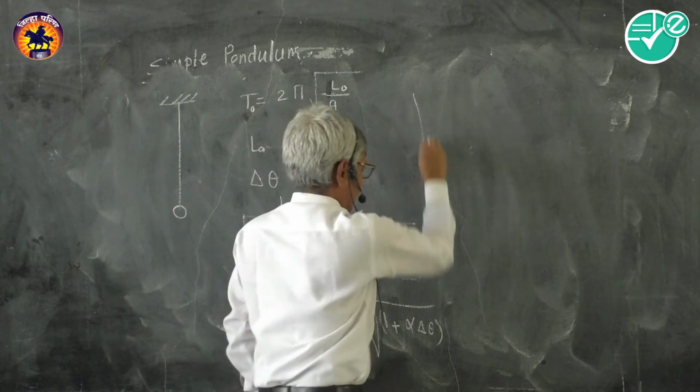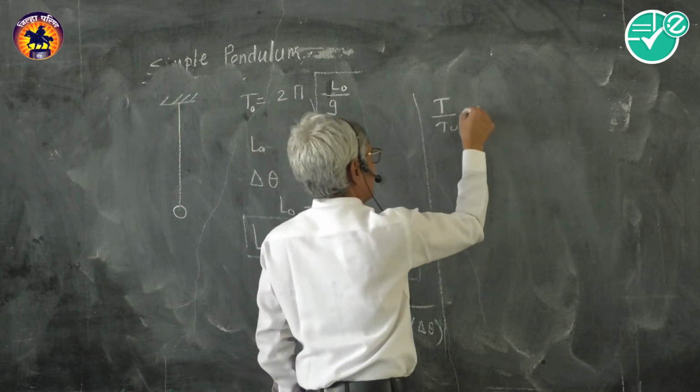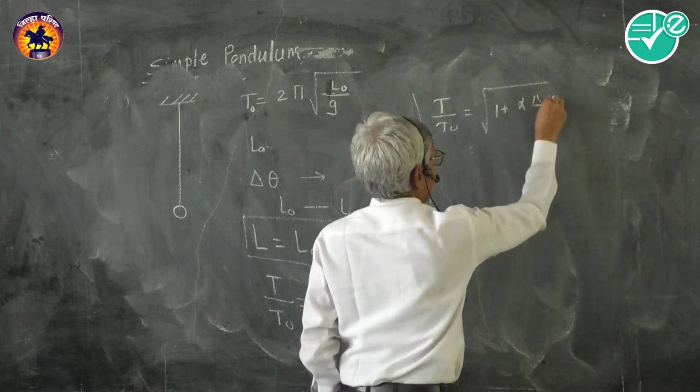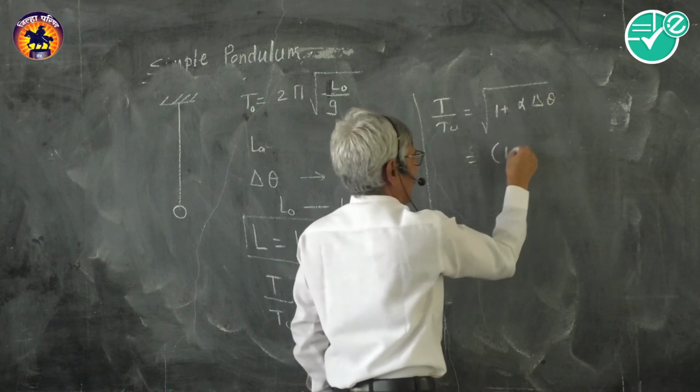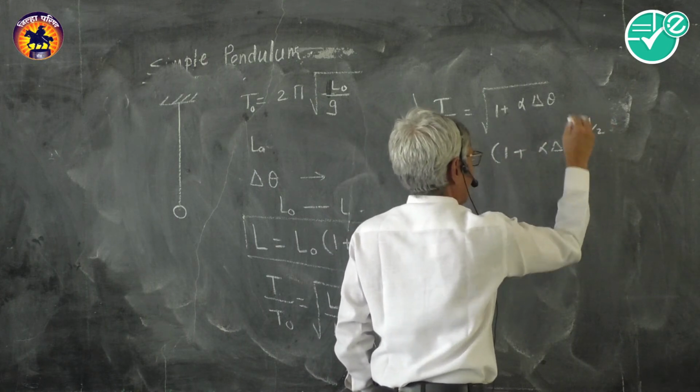So, we have T by T0 equal to square root of 1 plus alpha into delta theta, which is 1 plus alpha into delta theta raised to 1 by 2.